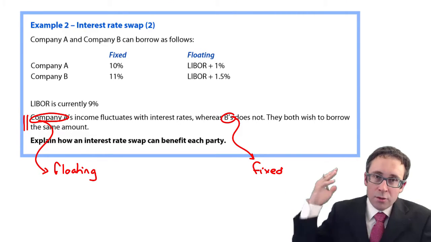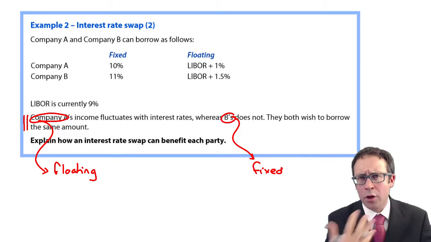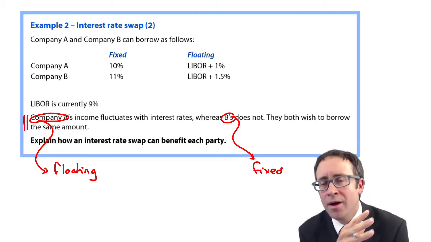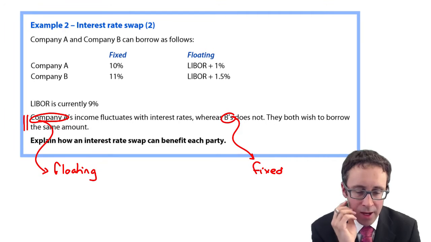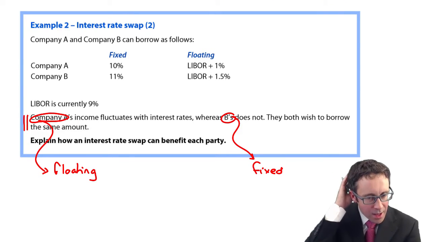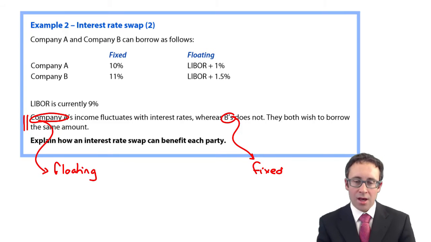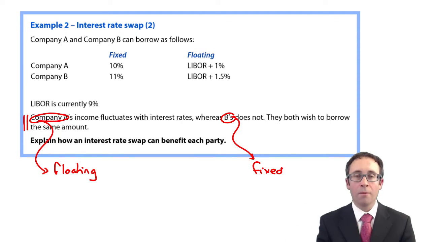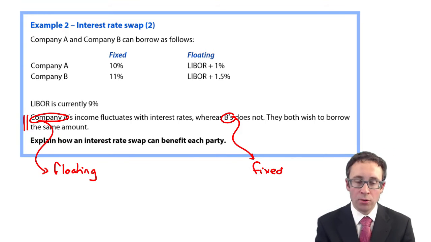So the best way to look at it, I think, is to look at the two companies, company A and company B, and see which one has the advantage in the market. Here you can see company A has the advantage in the fixed market. It also has the advantage in the floating market because it can borrow cheaper in both. So company A has, if you like, an absolute advantage.